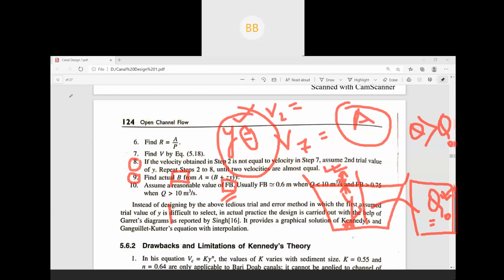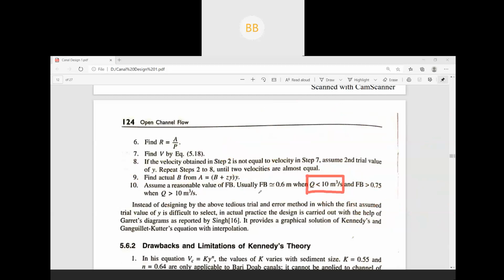What is Kennedy's theory? If your design discharge is less than 10 meter cube per second, you are going to provide a freeboard of 0.6 meter.